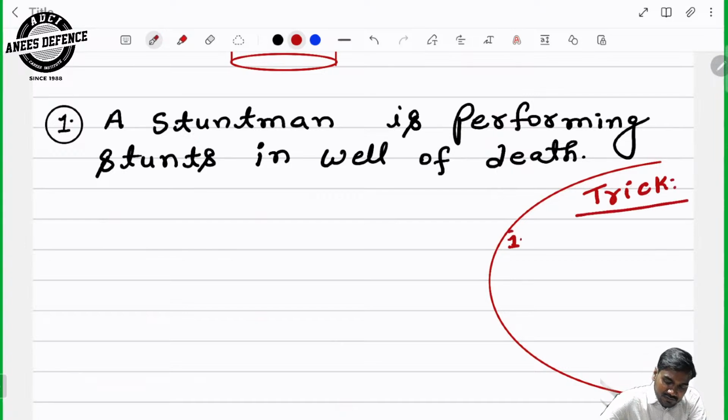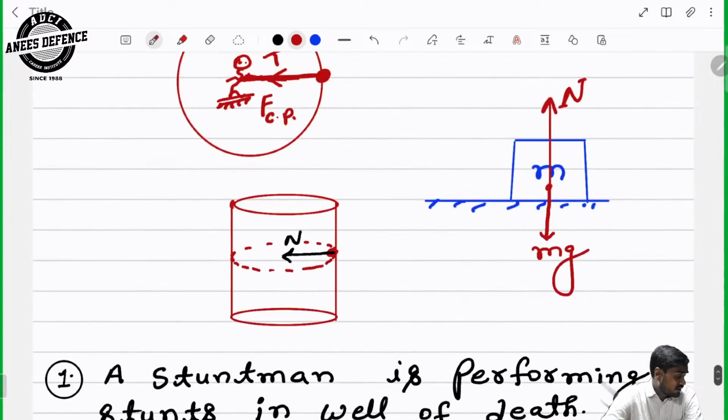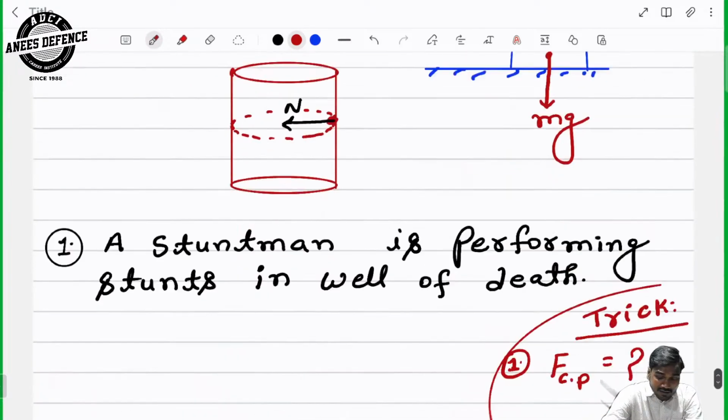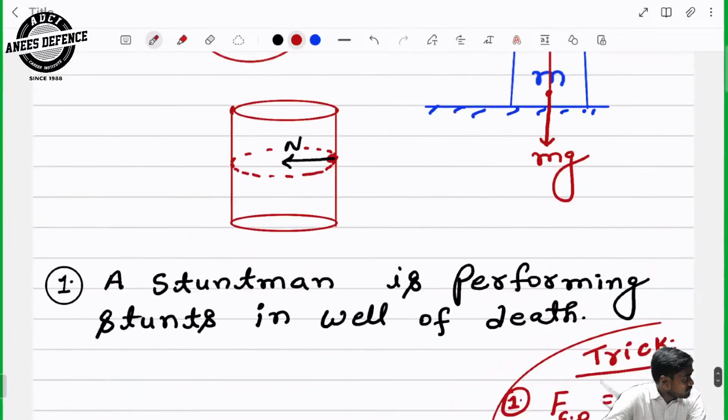Always use this trick. First trick, find centripetal force. You can say, yeah, I know the formula of centripetal force. I am not saying the formula.